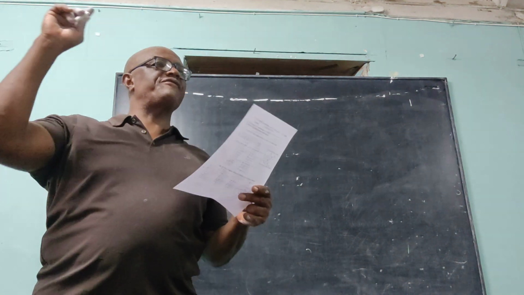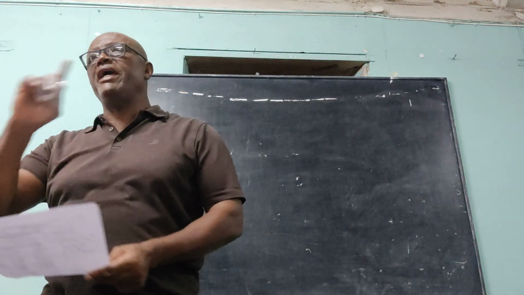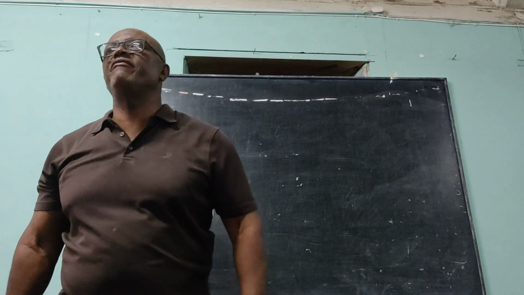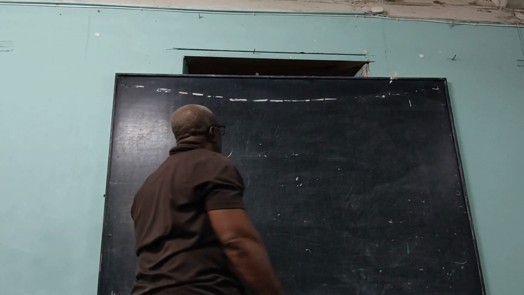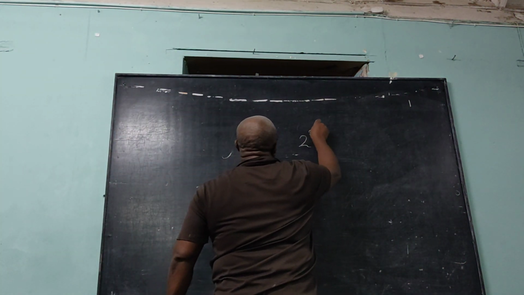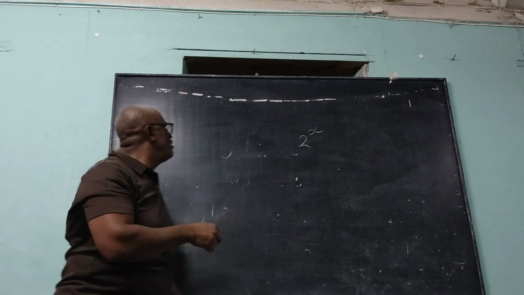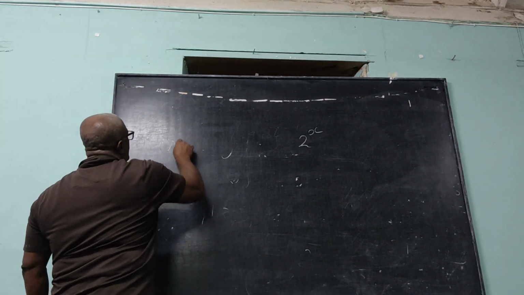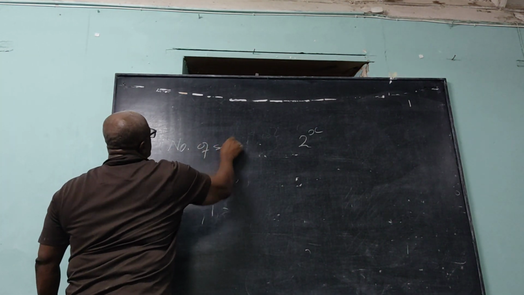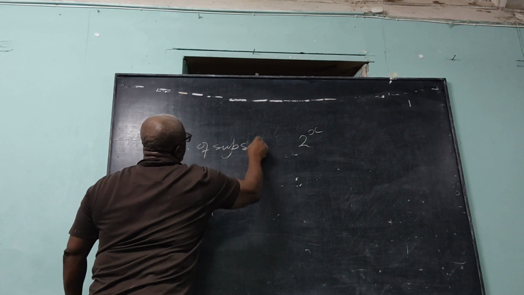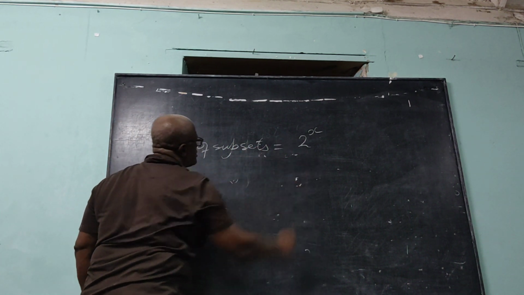The number of subsets in any set can be found by using the formula 2 to the x power. That's the formula for finding the number of subsets that can be formed from any set.